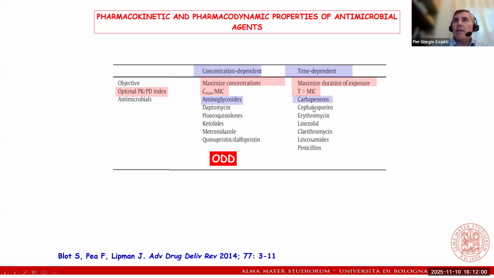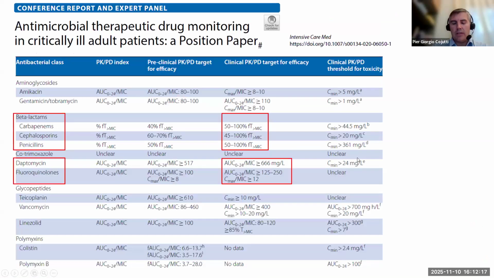And so, for example, all the beta-lactams, so penicillins, cephalosporins, carbapenems, behave in this way. And this is why the correct way to administer these drugs is by multiple dosing up to continuous infusion. So this is the basic of the PK/PD of antibiotics.